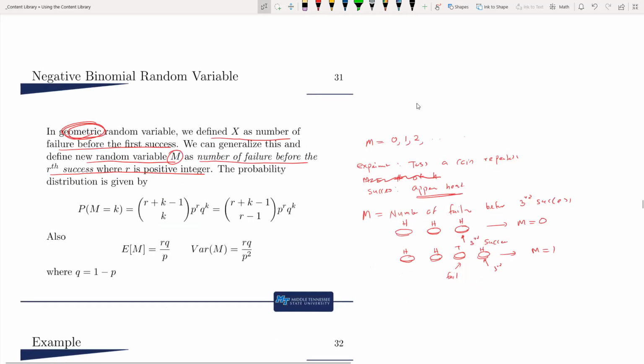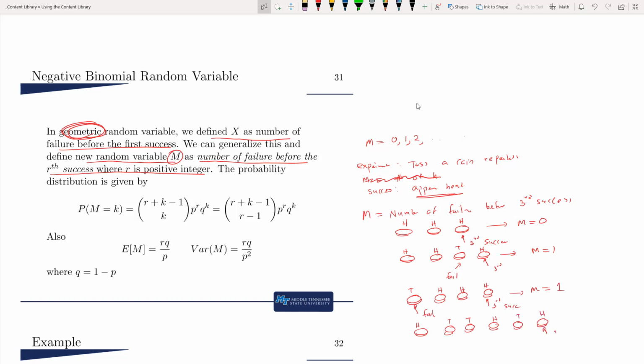Or you may have a situation where the first one is a tail, and the next one is a head, the next a head, the next a head. So this is the third success, but the number of failures before the third success is 1. Or you may have a situation where the first one is a head, the next one is a tail, the next also a tail, the next a head, the next a tail, the next a head.